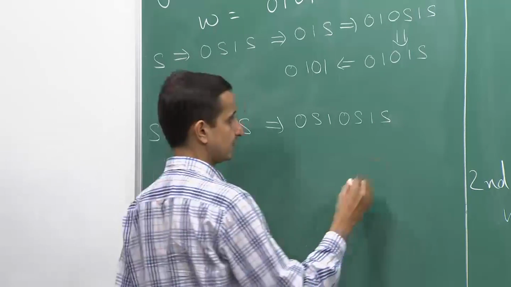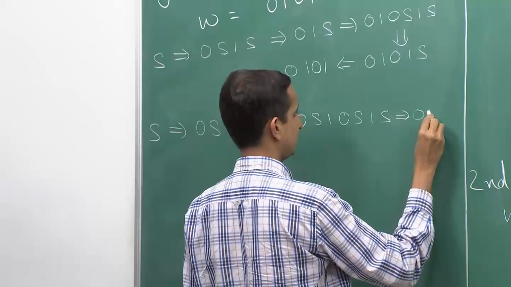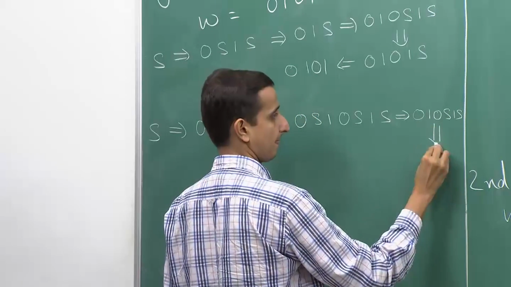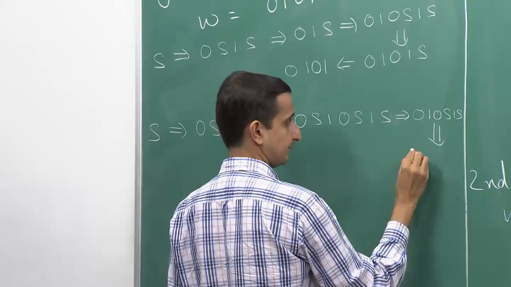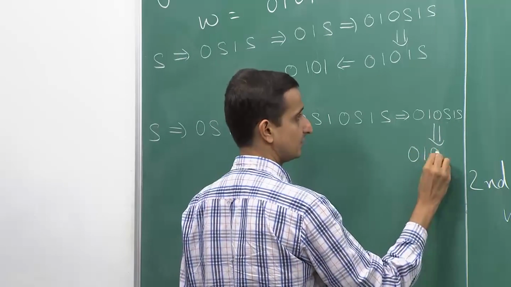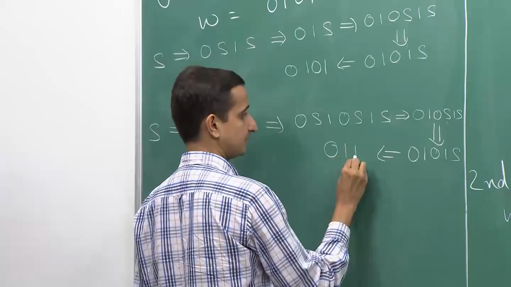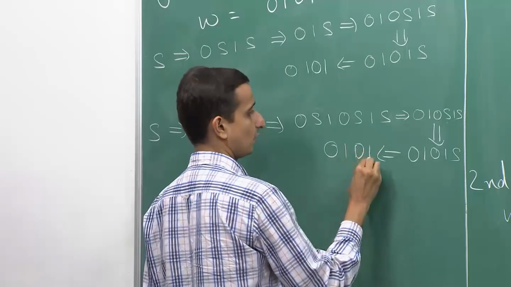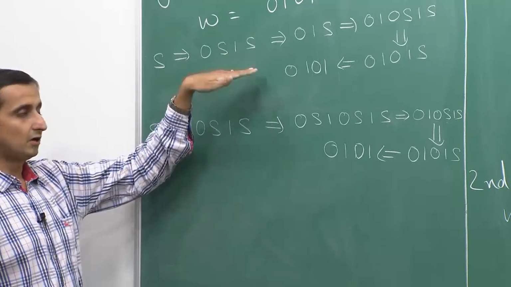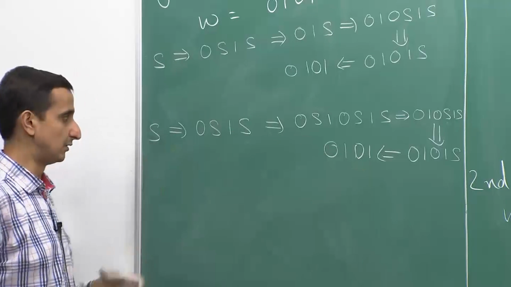Now I replace the first S with an epsilon, so I get 010S1S. Then I replace this S with an epsilon, I get 0101S, and finally I get 0101. Note that these two derivations are not the same, but they give the same string w.